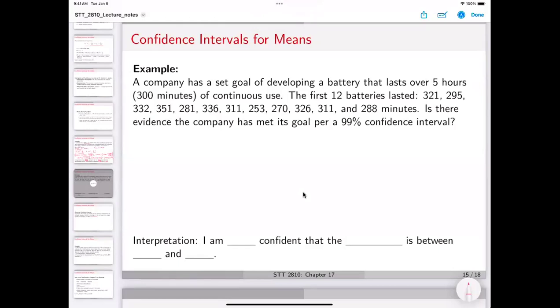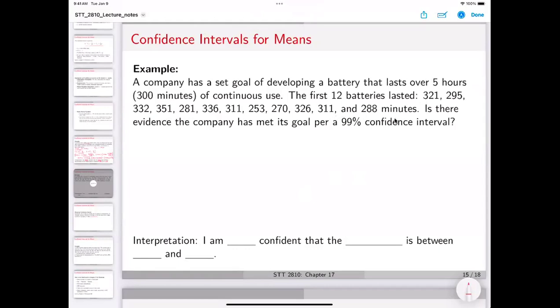So we are told that a company has a set goal of developing a battery that lasts over 5 hours, which is what? 300 minutes of continuous use. So the first 12 batteries, so these are what? The number of minutes they computed for the first 12 batteries.